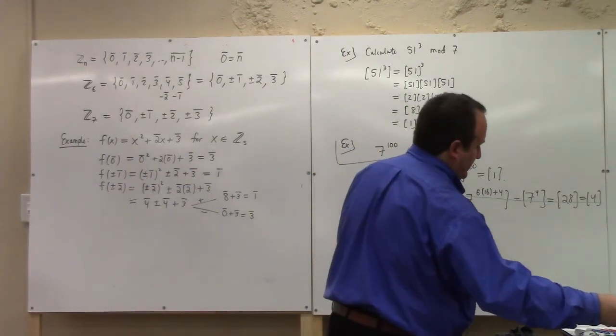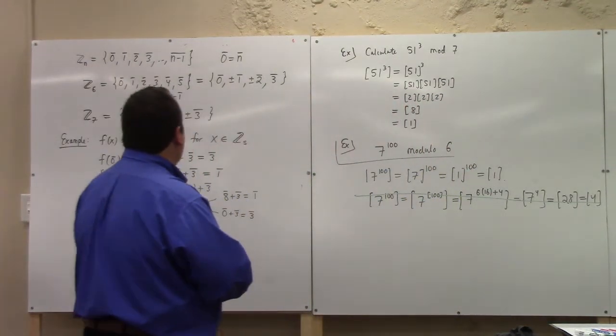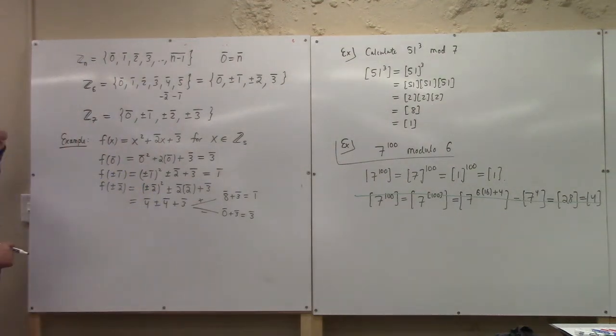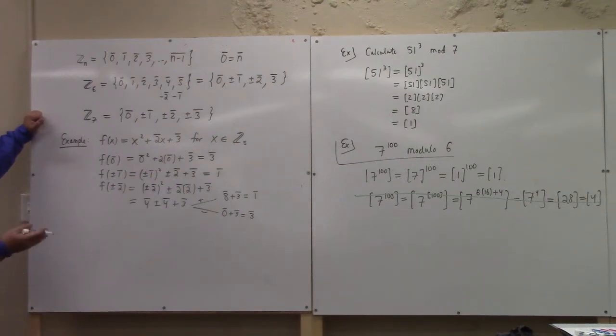I guess I wanted to end with this question. If you want to decide whether or not an equation has a solution in Z, one of the things you might try is seeing if you have a solution in Z mod n. Because if you do have a solution in Z mod n, there's a chance that you have an underlying solution in Z. But if you don't, you might be able to prove the non-existence of solutions.